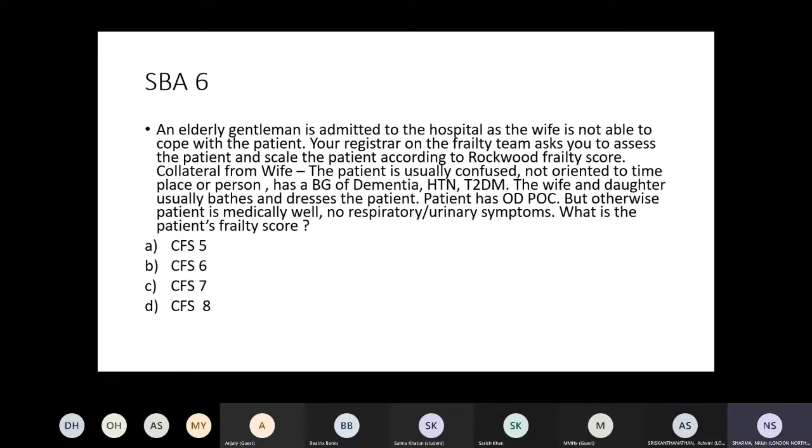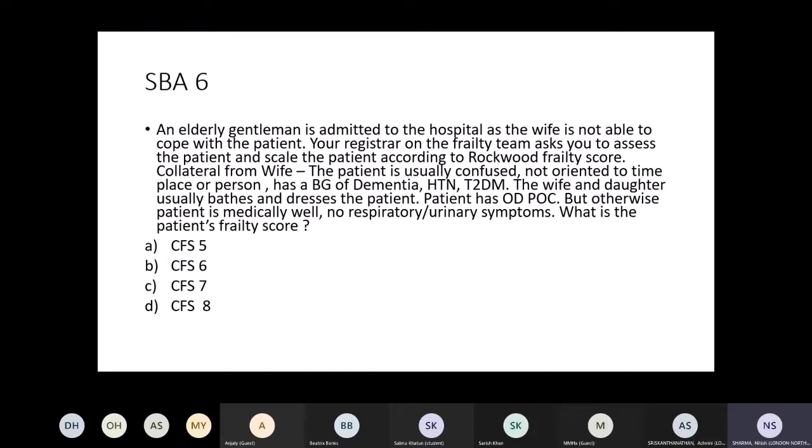Okay, the next SPA. There's an elderly gentleman who is admitted to hospital as the wife is not able to cope. Your registrar on the frailty team asks you to assess the patient and scale the patient according to the Rockwood clinical frailty score. The collateral from the wife: the patient is usually confused, not oriented to time, place, or person, and has a background of dementia, hypertension, and type 2 diabetes.